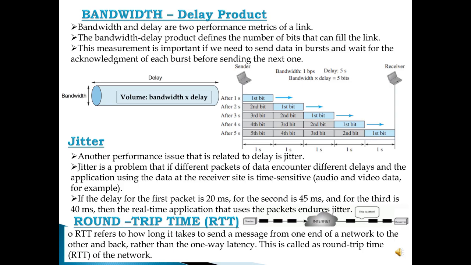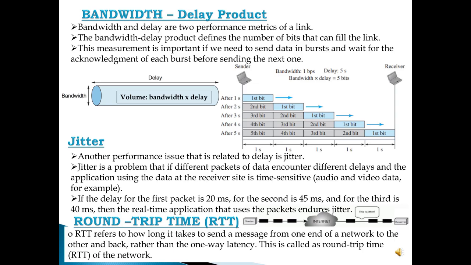Next, we have jitter. Another performance issue that is related to delay is jitter. Jitter is a problem that occurs if different packets of data encounter different delays and the application using the data at the receiver side is time sensitive, that is audio and video data.